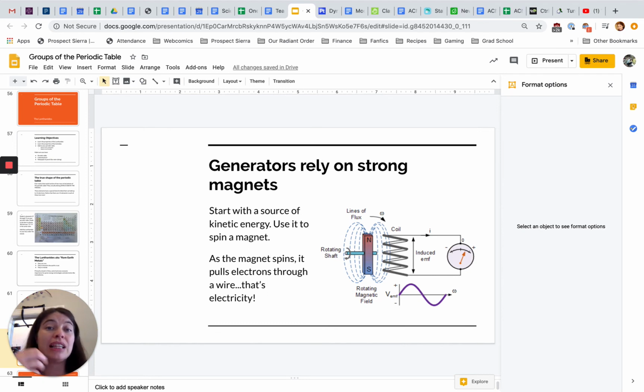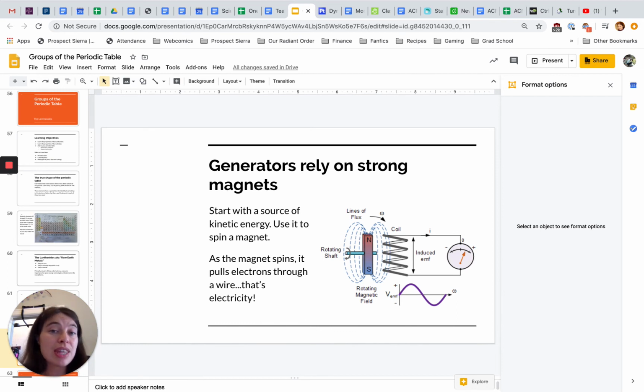It's also worth noting that you can do the exact opposite. If you have electricity, you can use that to create an electromagnet, and you can have that electromagnet push on a traditional magnet. And that would allow you to turn electricity into motion. So let's say you have a fancy electric car. In that fancy electric car, you're starting out with electricity. You've got that flow of electrons from your battery.